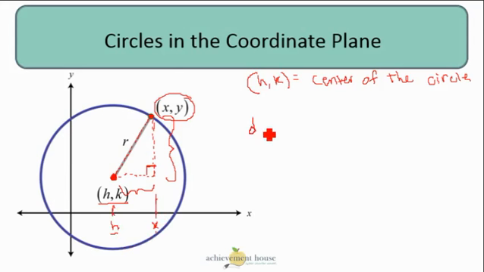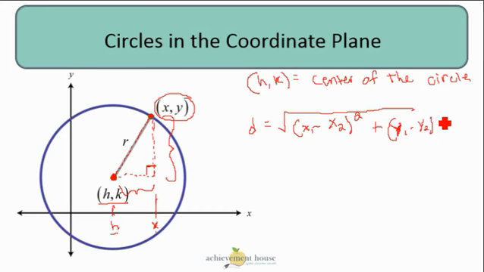Remember that our distance formula is d equals the square root of x1 minus x2 squared plus y1 minus y2 squared.